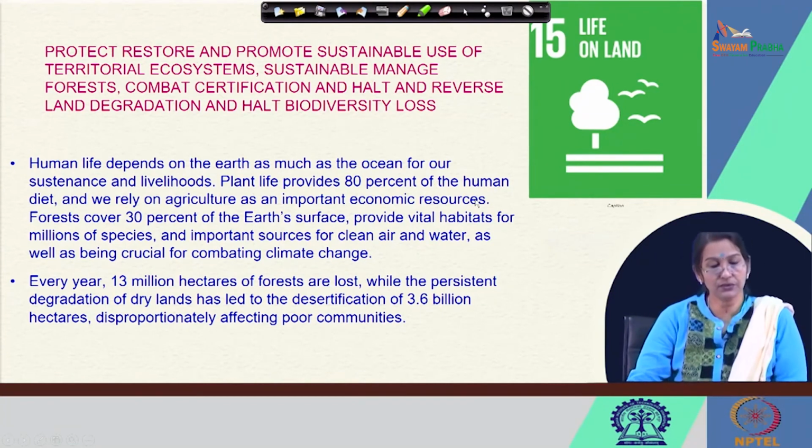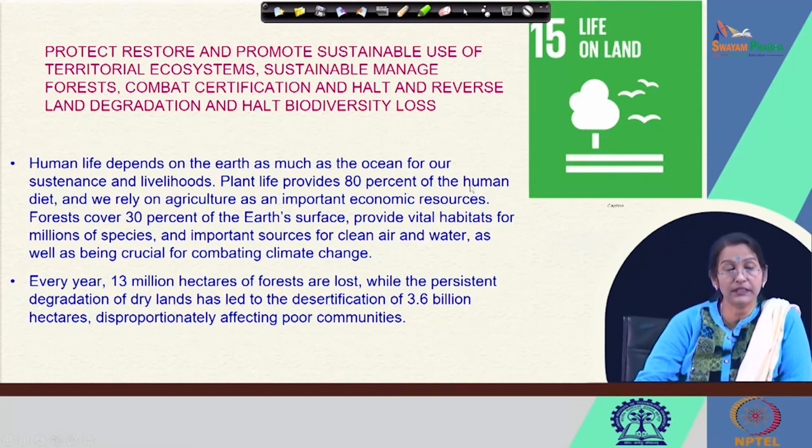So: protect, restore, and promote the sustainable use of terrestrial ecosystems, sustainably manage our forests, combat desertification, reverse land degradation, and halt biodiversity loss. That is the focus of this SDG 15, which is to take care of biodiversity.